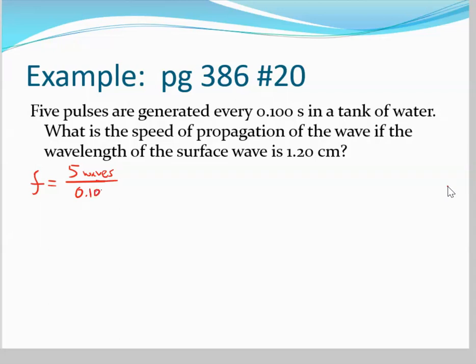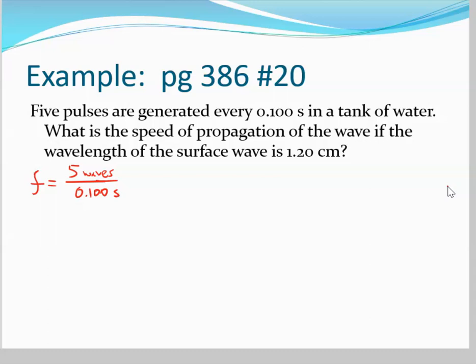So whenever you see how many waves, if you're trying to get frequency, you always need to put time in the denominator, right? Okay, because then you're going to get hertz, which is the units for frequency. If you wanted period, you would need to flip this over and put seconds up on top and divide by 5 to get how much time a single wave takes, because that's the definition of period, the time for one cycle or one wave.